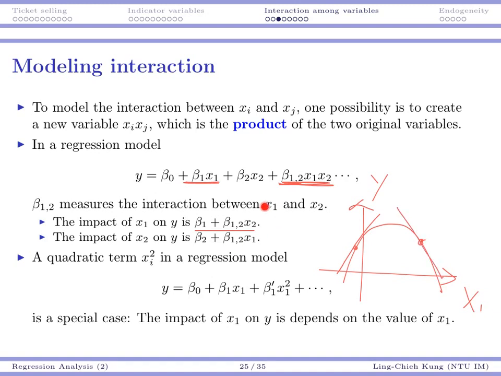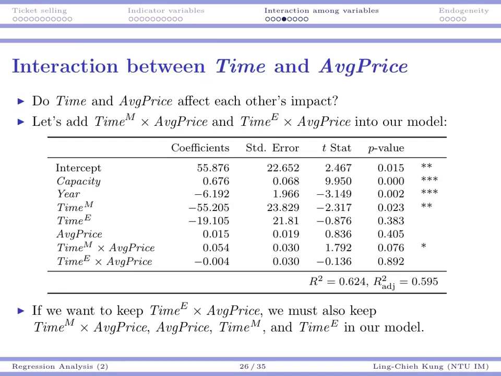The same thing here: the impact of x1 depends on some other variables, and it's not constant throughout the whole space. So that's how we model interaction. The answer is very simple. If you have two variables and you suspect that the impact of one variable on the dependent variable depends on the other variable, then you add a product term to the model.